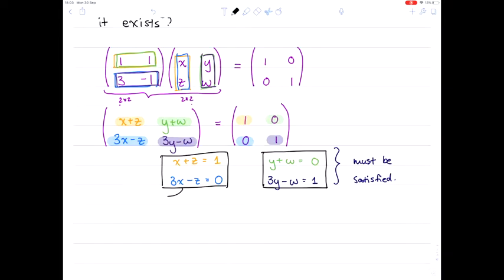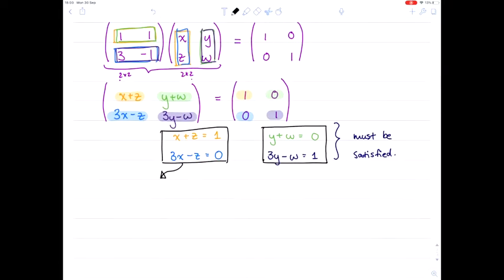So we could solve this system by Gauss reducing 1, 1, 3, minus 1, 1, 0, and we could solve this system by Gauss reducing 1, 1, 3, minus 1, 0, 1.